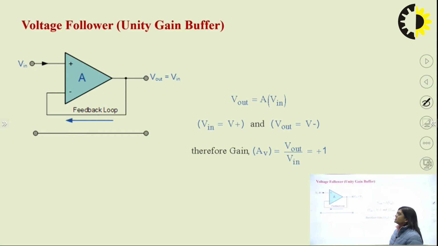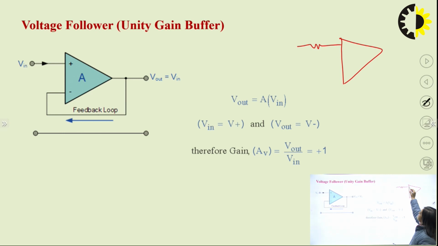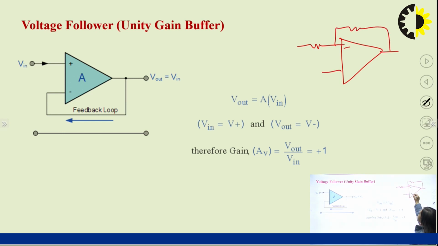in case of the non-inverting amplifier, we have this is minus and this is plus. We apply VIN here, and this is grounded.